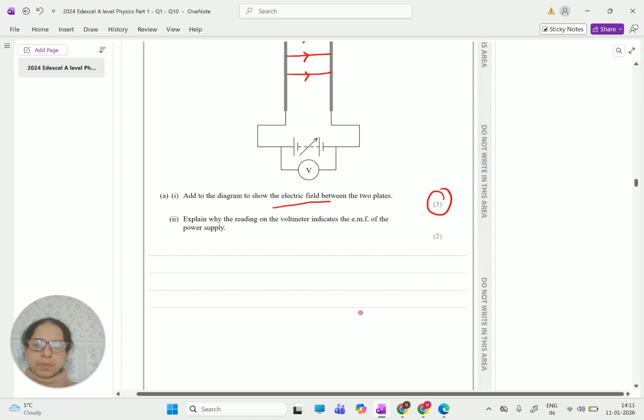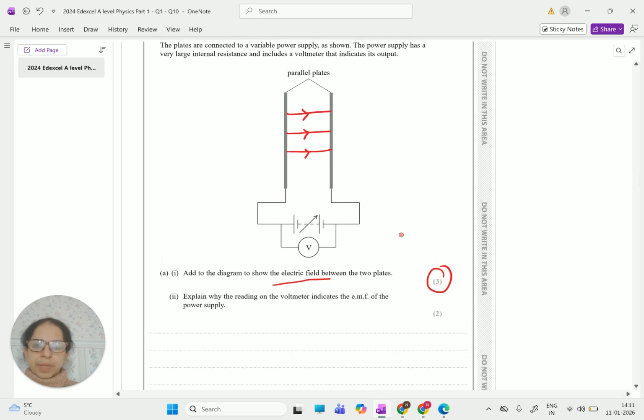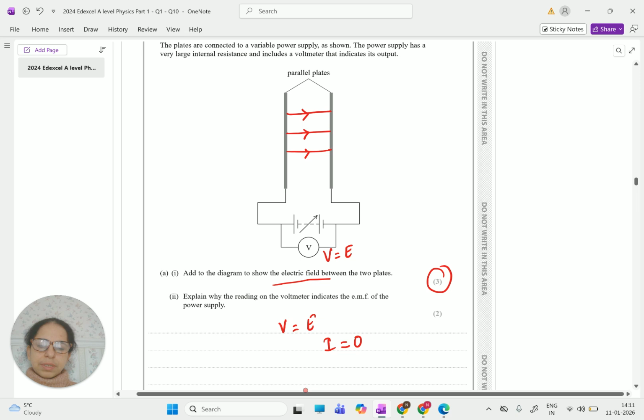So you need to have equally spaced arrowed lines. Explain why the reading of the voltmeter indicates the EMF of the power supply. This voltmeter is just going to read the EMF, and why is that? Because the current is 0. There is no current in the circuit, hence no potential drop across any resistance.